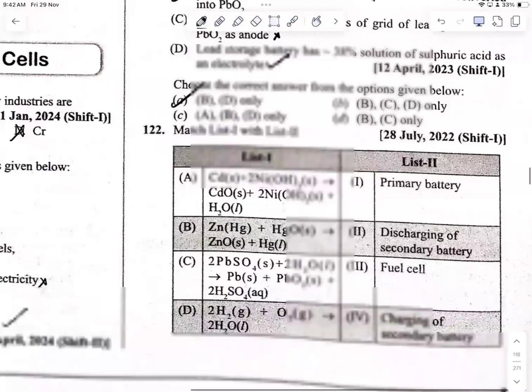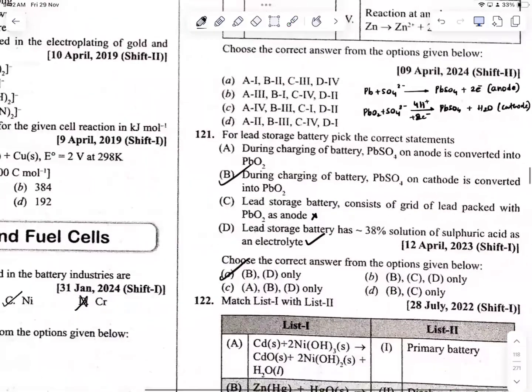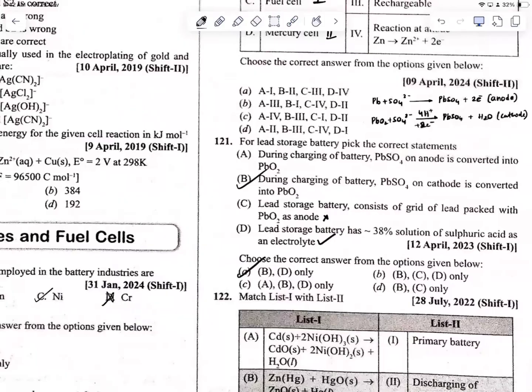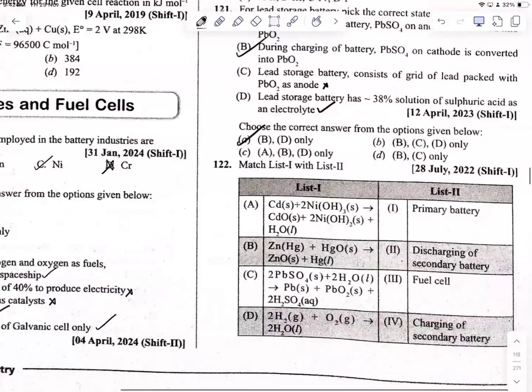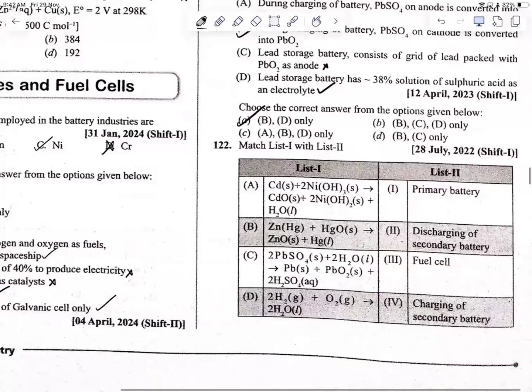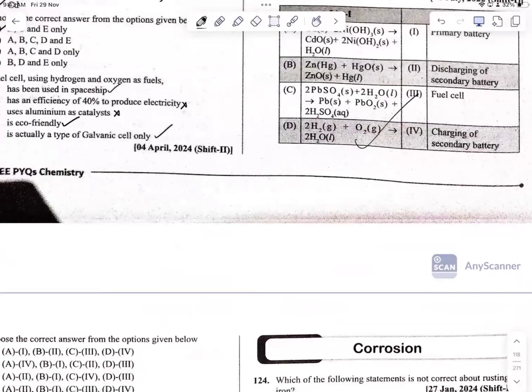This is the type of questions that were asked. But have you noticed something? In 2024, the number of questions from fuel cells and batteries has increased. In 2023, comparing all the sessions, there was only one question, and in 2022 also only one question was asked.